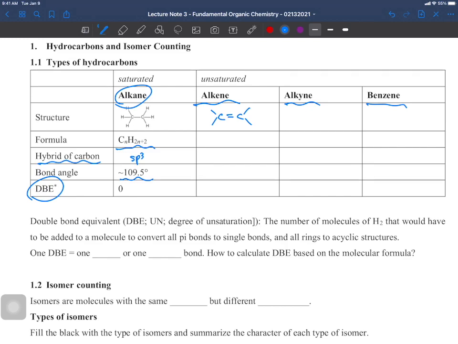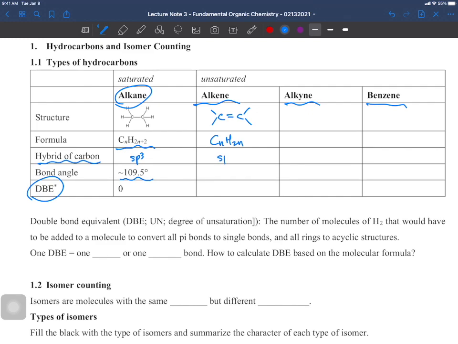Which means there are 2 hydrogens less than the saturated alkanes, right? Once there is a double bond, there are 2 hydrogens less. So the general formula for the mono alkene, which means there is only one CC double bond, should be CnH2n, right? So no 2n plus 2.